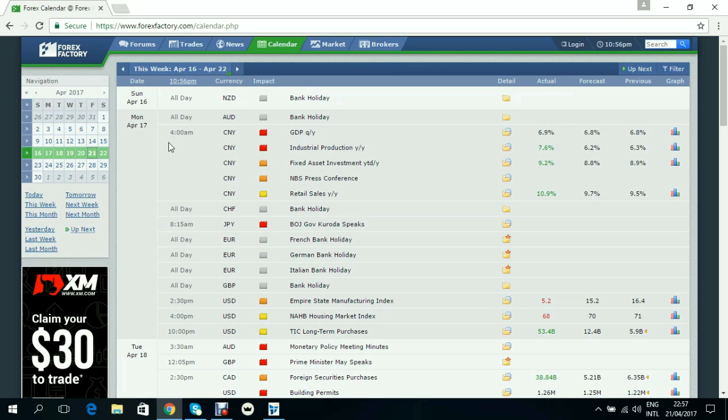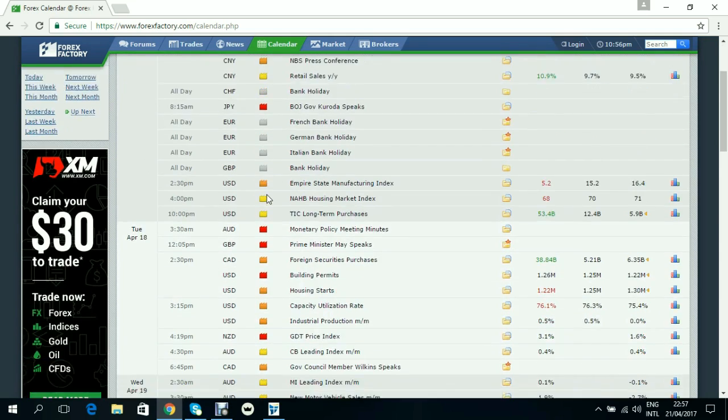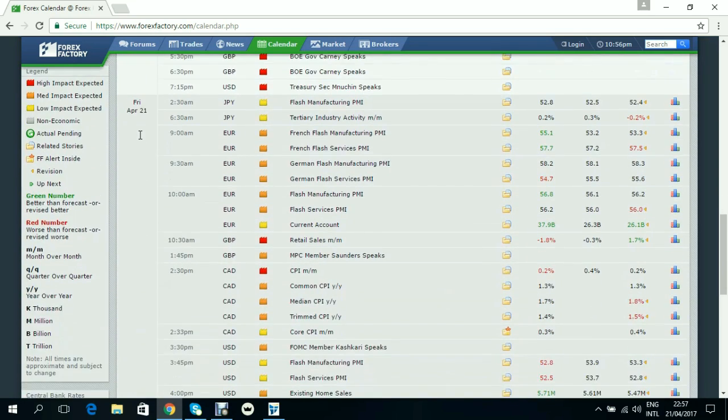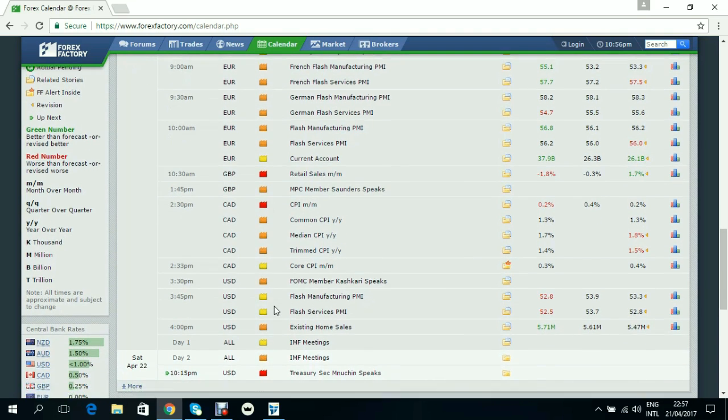Alright, so we are back here on calendar bar. Okay, so these were the news that happens during the day. So all we need to do is to trace the day and the date. So today is this date, so all the news that came, we can see them.